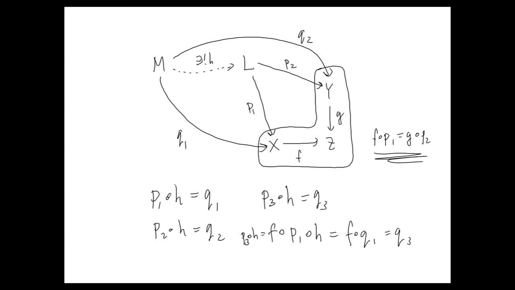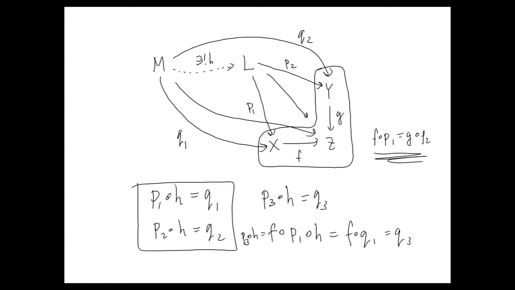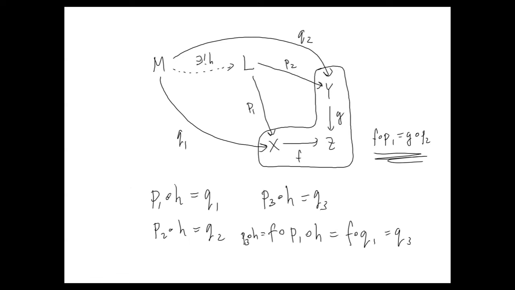So for the middle arrows, which we removed, a similar requirement would follow from fulfillment of those requirements for P1 and P2. So we can indeed forget about those middle arrows.